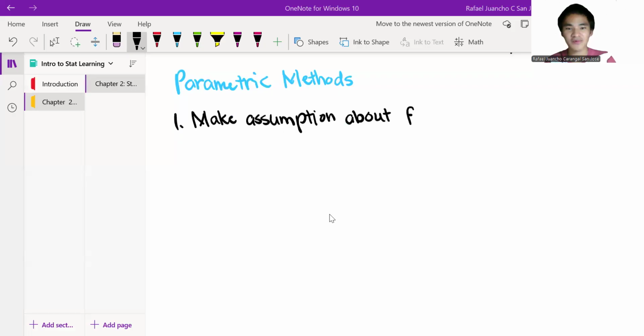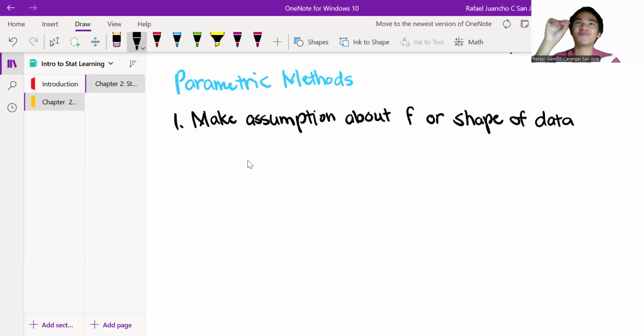So here we just make some assumption about f, or in other words, the shape of the data. What exactly does this look like? You know how when you look at the clouds or the stars and you kind of trace them? I used to do that when I was young.